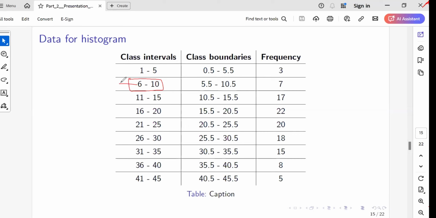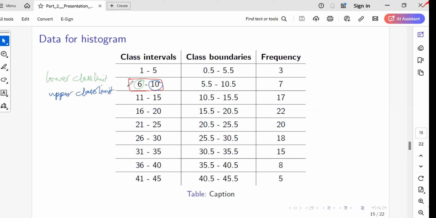The 6 here, we call it the lower class limit. And then the 10 here, 10 is the upper class limit. So I'm saying that 6 is the lower class limit, and then 10 is the upper class limit. Okay, take note.